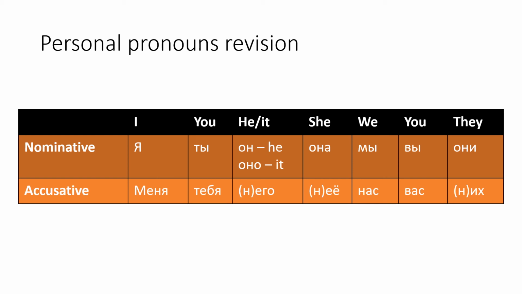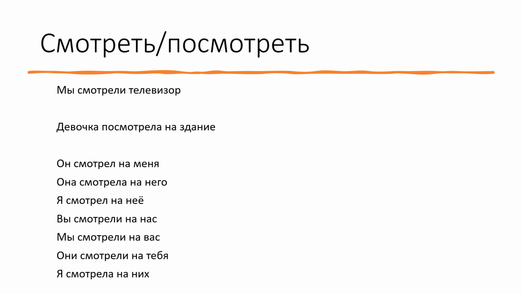Okay, so let's look at some examples. We're just going to practice conjugating the verb смотреть, посмотреть, with some pronouns and some other nouns as well. So let's look at these two first sentences. We have мы смотрели телевизор. We were watching, or we watched the television.